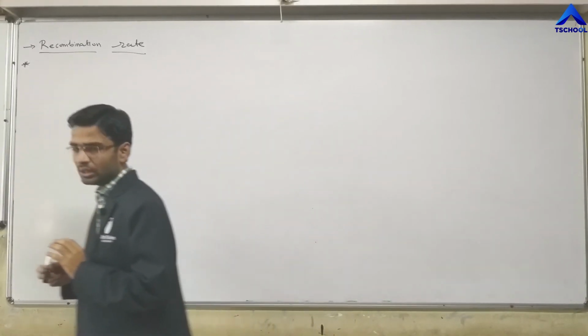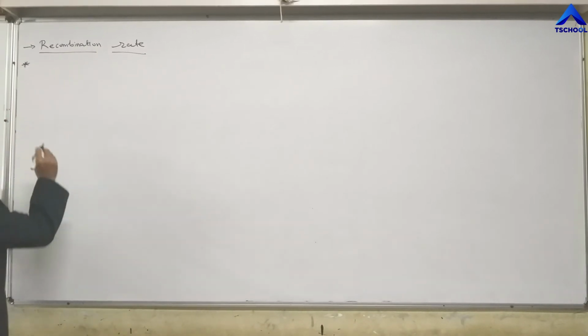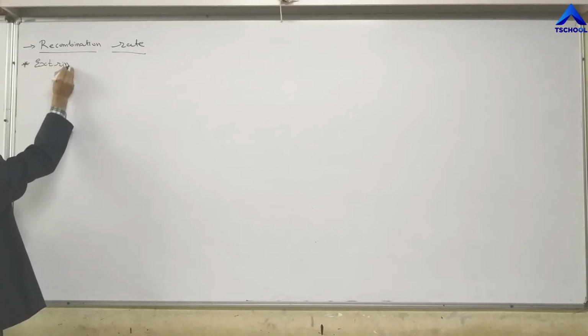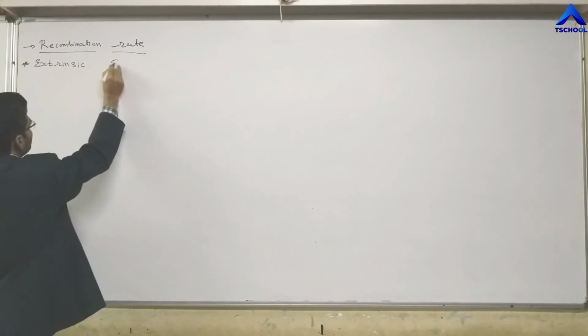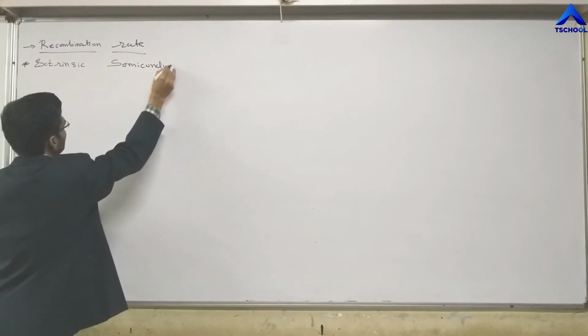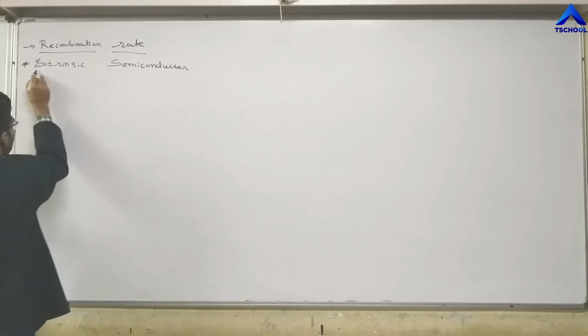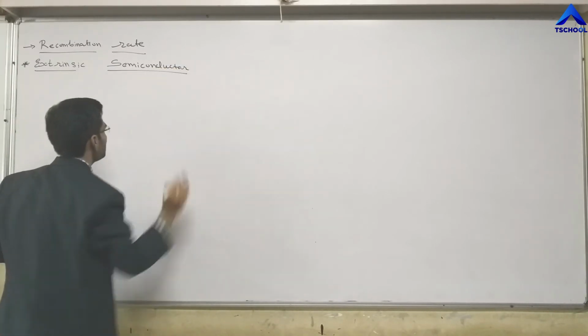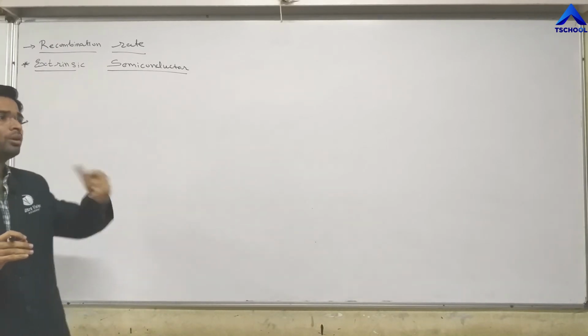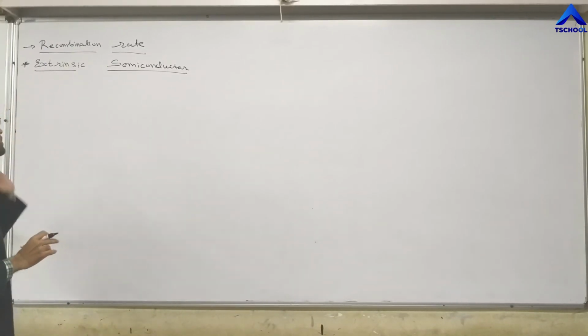Now we will see the recombination rate, first for the extrinsic semiconductor. Extrinsic semiconductor means impure, that is, n-type and p-type semiconductor.